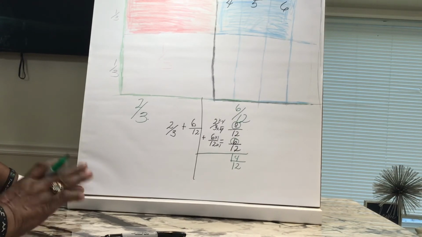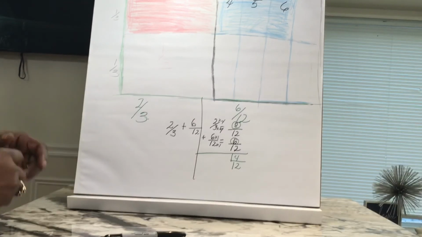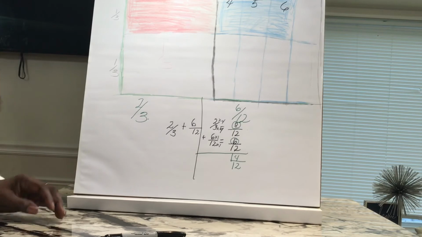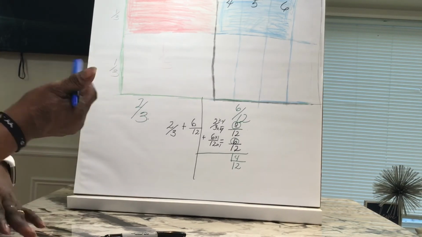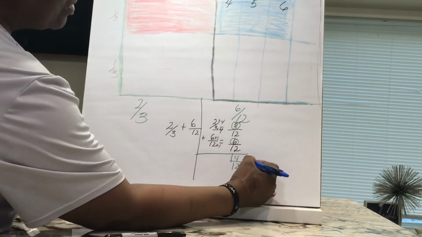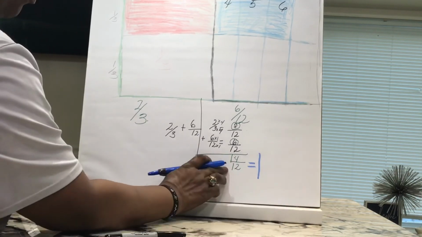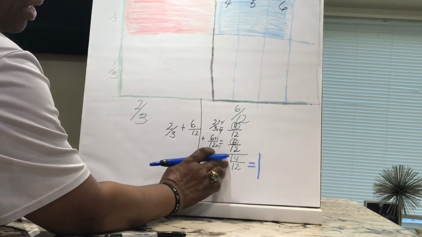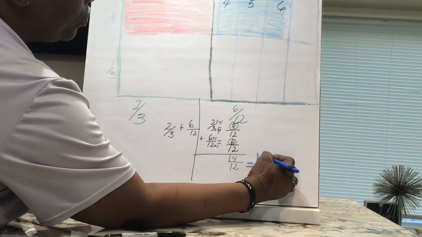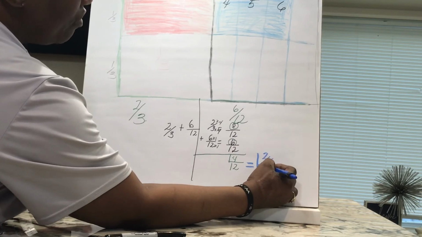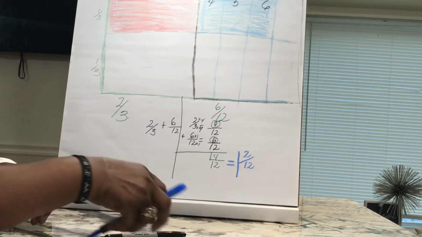14/12 is a fraction greater than 1, which means we can simplify that. So let's simplify that. How many 12s can we take out of 14? We can take 1 whole out of 14, and how many would be left over? We would have 2/12 left over. Now 2 and 12 have a common factor.